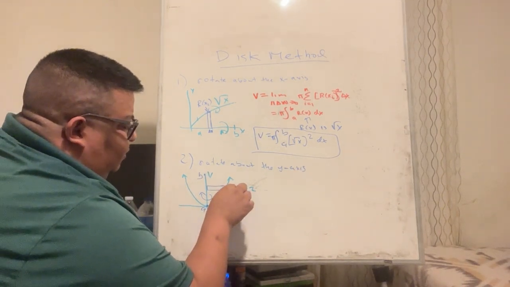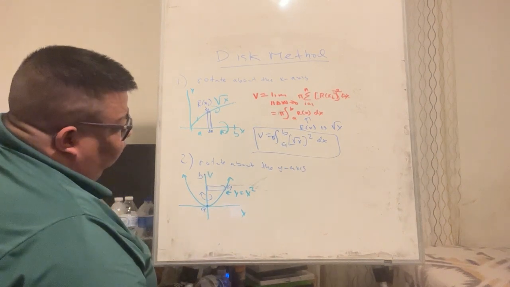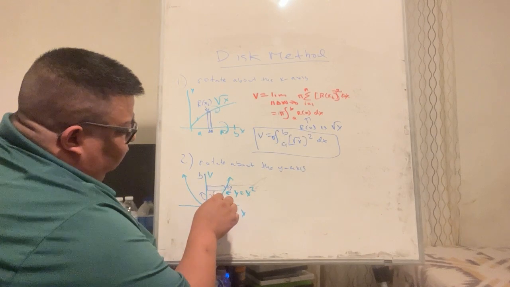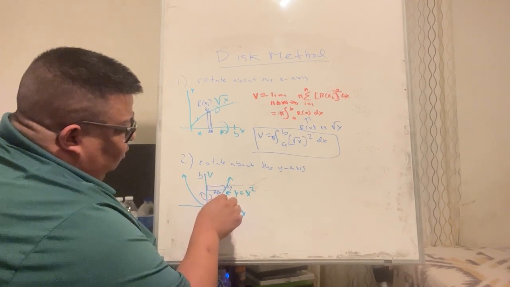So now this will be your delta y, and of course here that will be your R(yi).